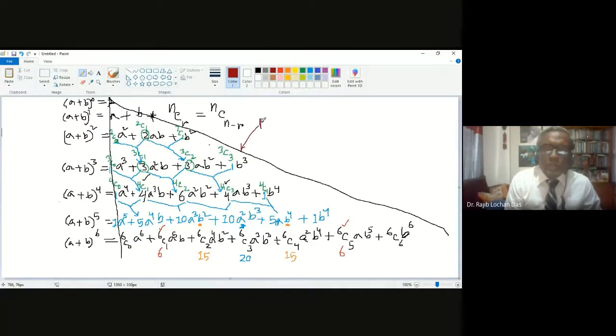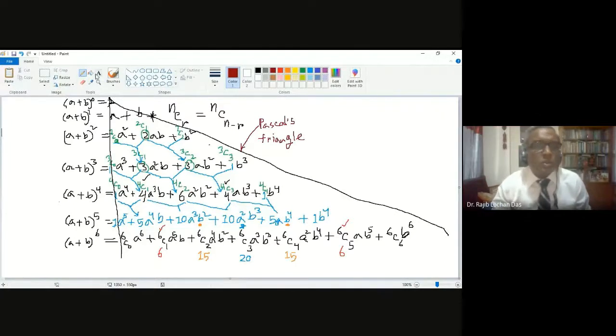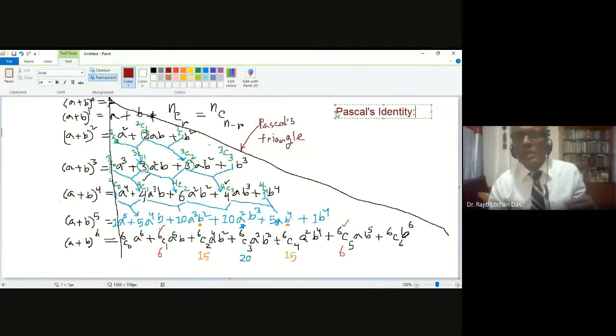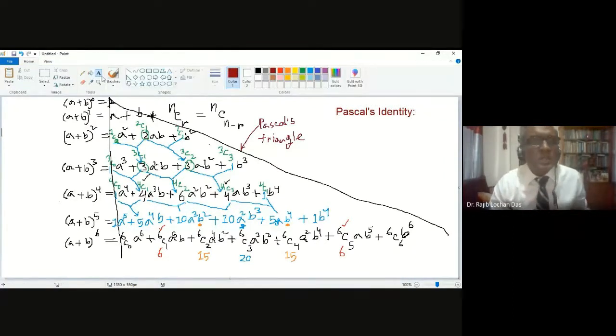So now I am writing Pascal's formula, which is from this triangle actually, and it is called the Pascal's identity. Okay, Pascal was a French mathematician, and from his name we get this. So what is the Pascal's identity?